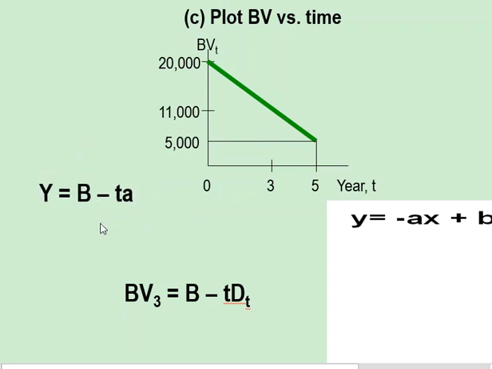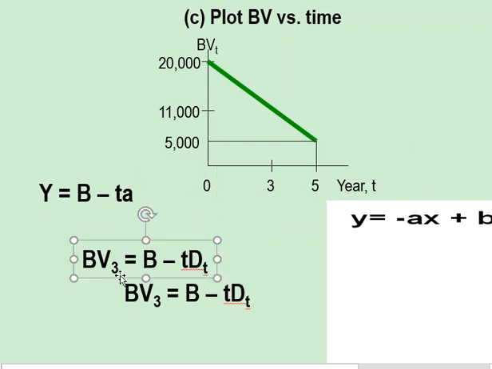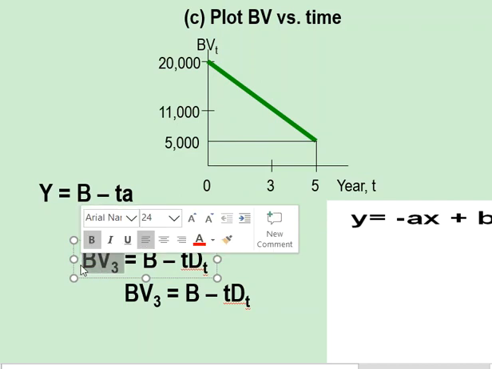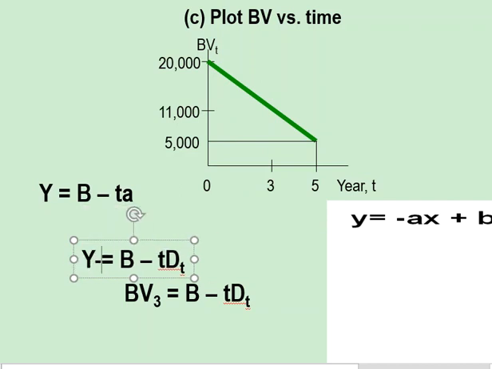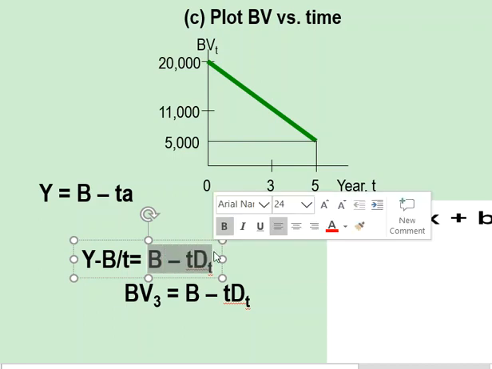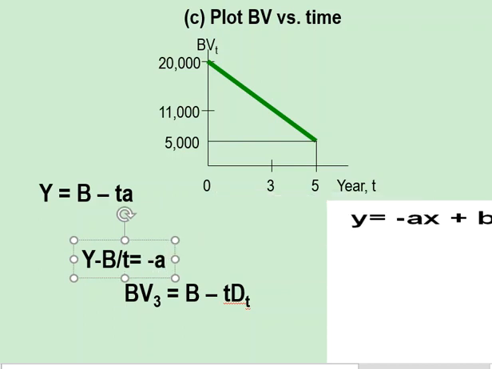What's the slope? So the slope would be y minus b, divided by t. That will give me what? It will give me minus a, isn't it?